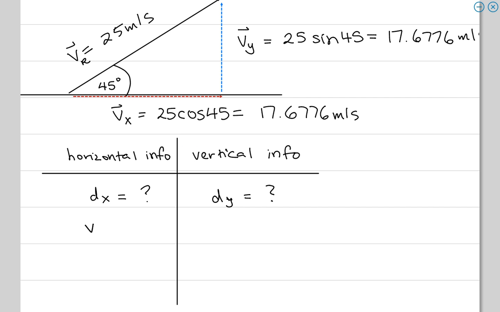And do we know Vix? And do we know Vfx? Whoops, why did I do that? So do we know Vix and Vfx?